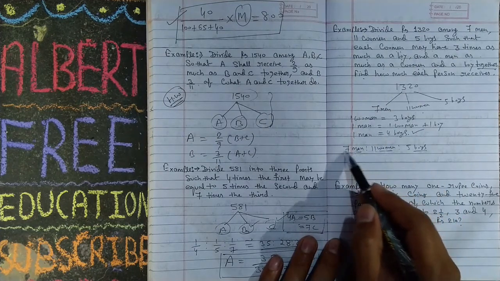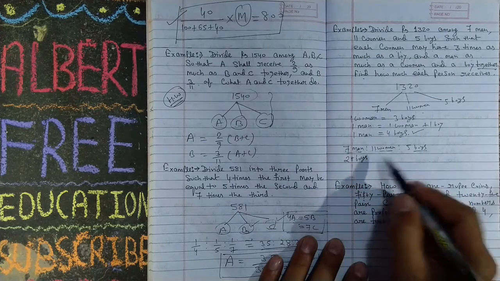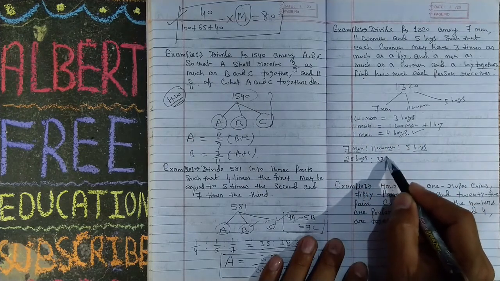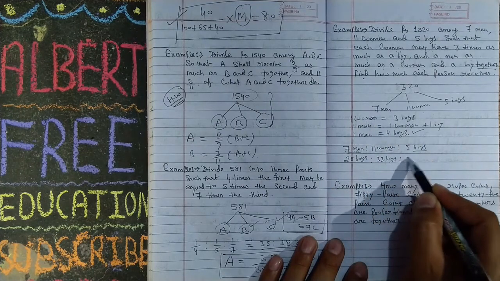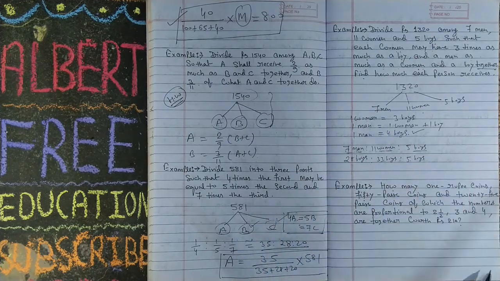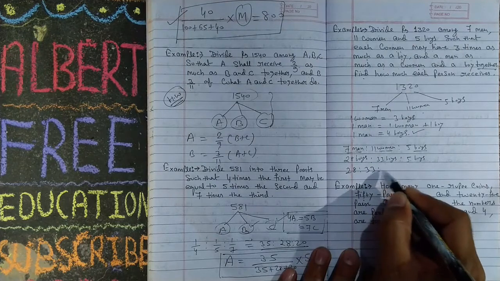It means 7 times 4 is 28 boys ratio 1 woman is equal to 3 boys, means 33 boys ratio 5 boys. Now all the data are representing the same thing. So that is your ratio: 28 ratio 33 ratio 5.